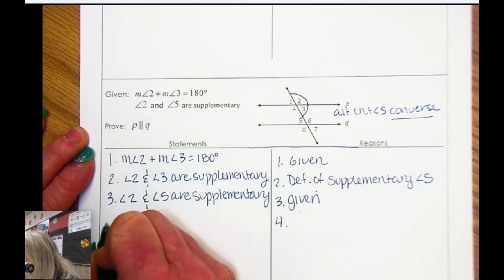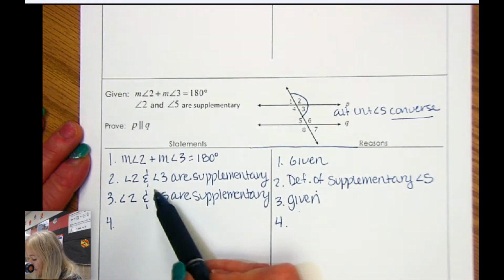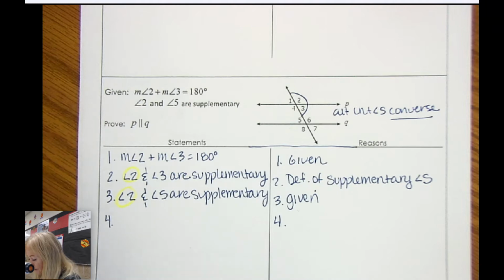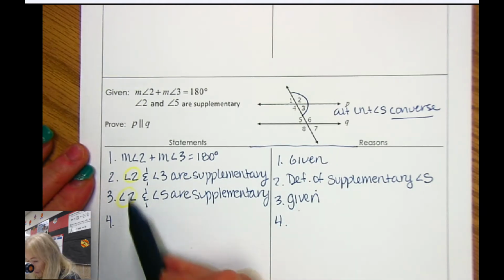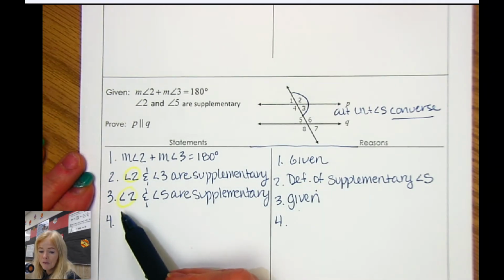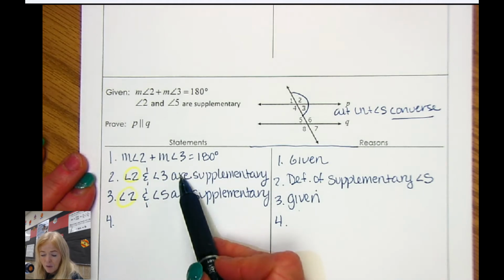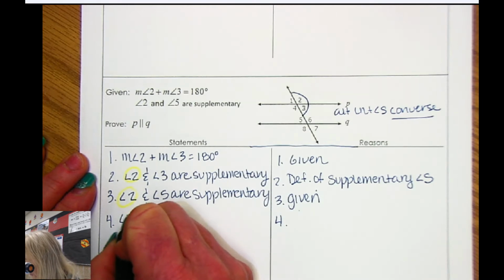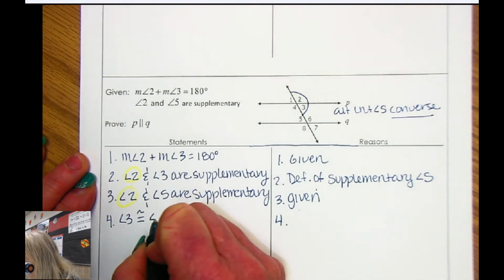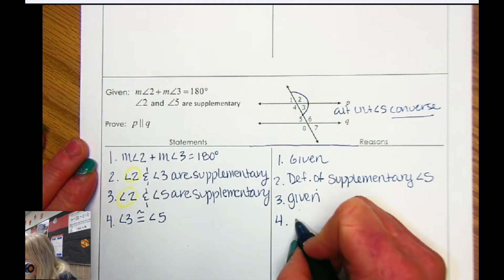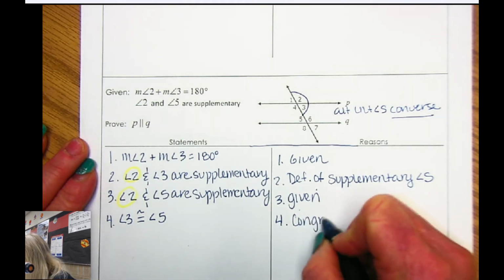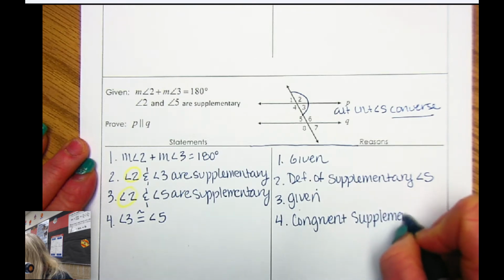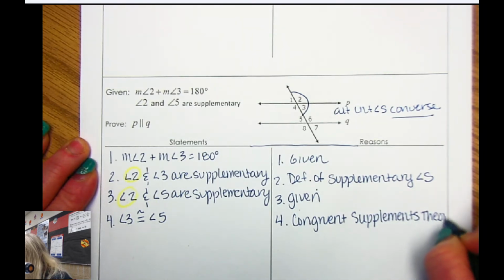And then we can move along with the next statement, because both 3 and 5 are supplementary with angle 2, and because they're both supplementary to the same angle, they can only be one measure. And that means if they're only one measure, then they are congruent. So angle 3 must be congruent to angle 5, and that's by the congruent supplements theorem.